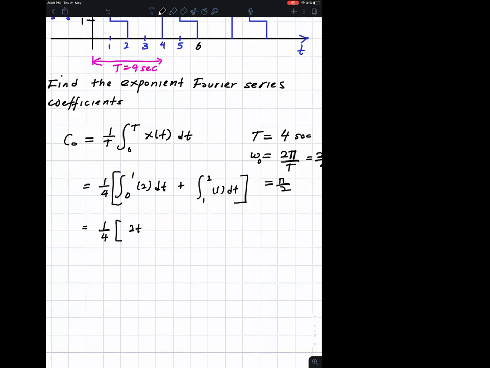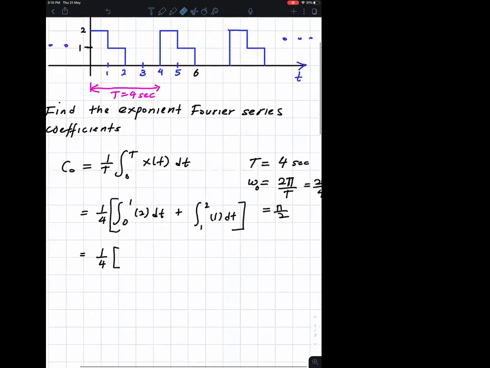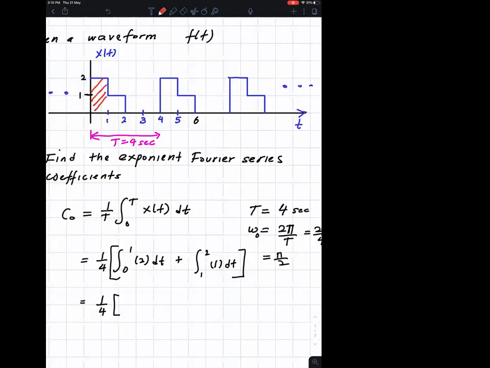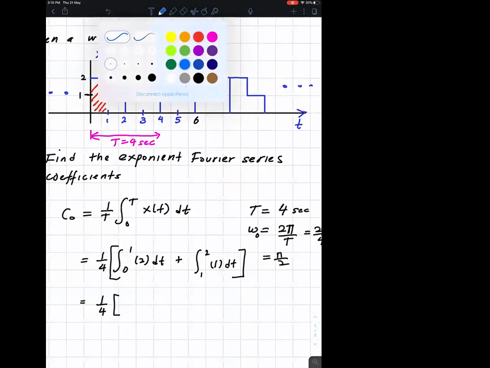From 0 to 1, either you can integrate this individually, or another way to do this is just to find the area. Find this area, and then there's another area.